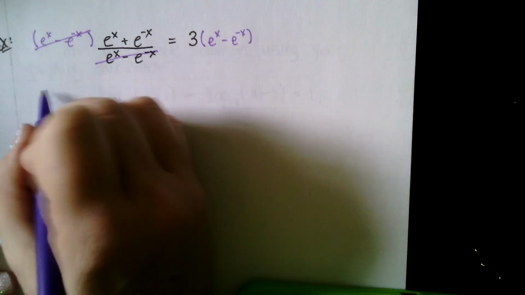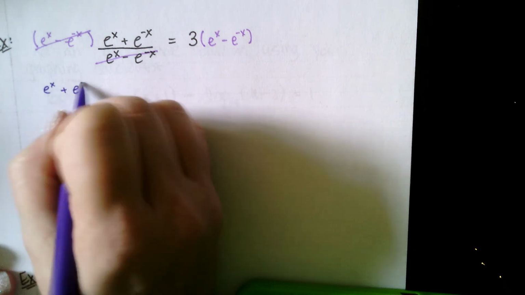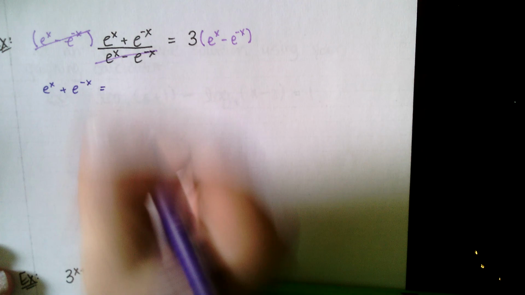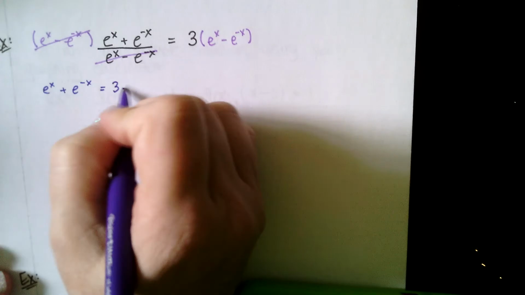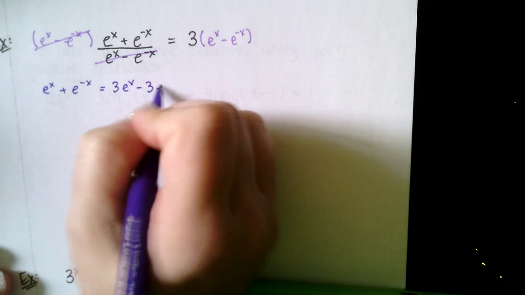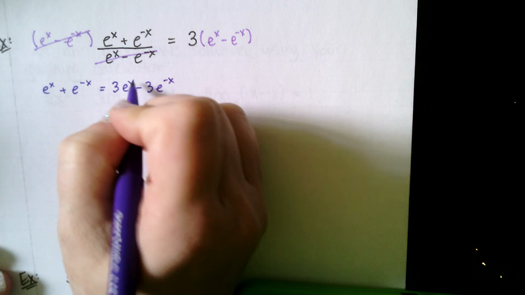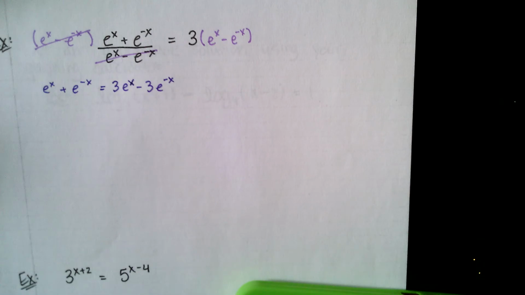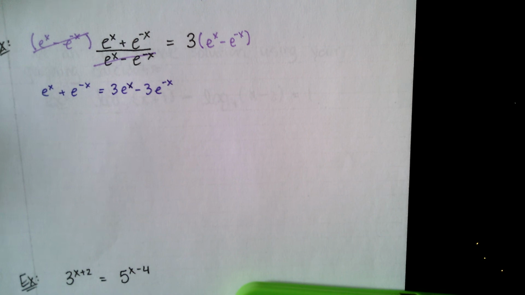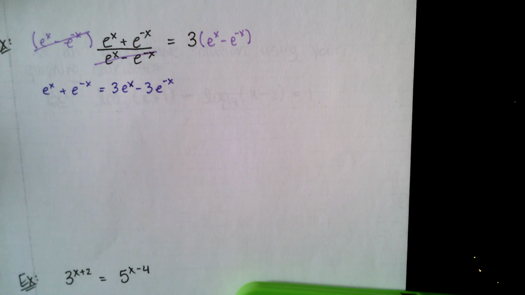And then we'll have e to the x plus e to the negative x equals, I'm going to distribute that 3, so 3 e to the x minus 3e to the negative x. Okay. Now I want to think about what that negative exponent means.